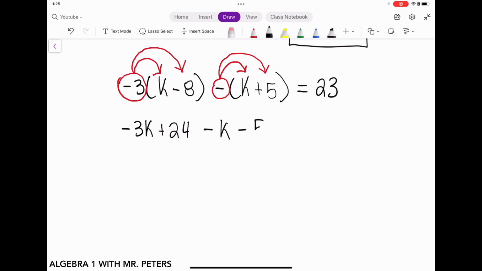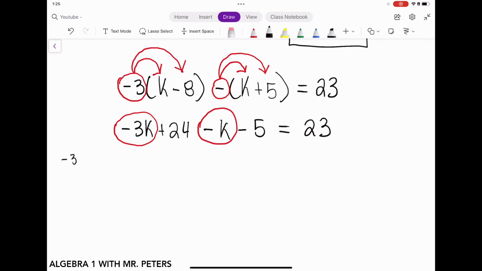Okay? Now let's go on to our next step. We've already distributed, and the next thing that we need to do now is combine our like terms. Let's start off with our variable. We have negative 3k plus negative k.